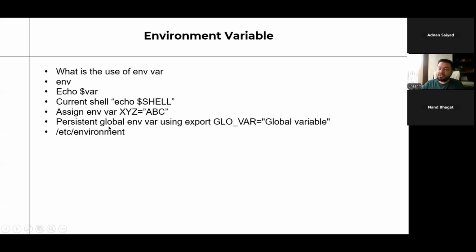If you want a persistent global environment variable, you can use GLO_var, which is a global variable, equal to whatever you want to add. And you can see this in /etc/environment.